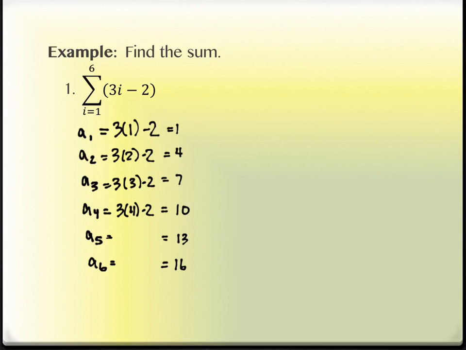And then what we're going to do is add those together. So we have 1 plus 4 plus 7 plus 10 plus 13 plus 16. So whether you're doing it in your head, on paper, or with a calculator, what are you going to get? It is 51. Good job.